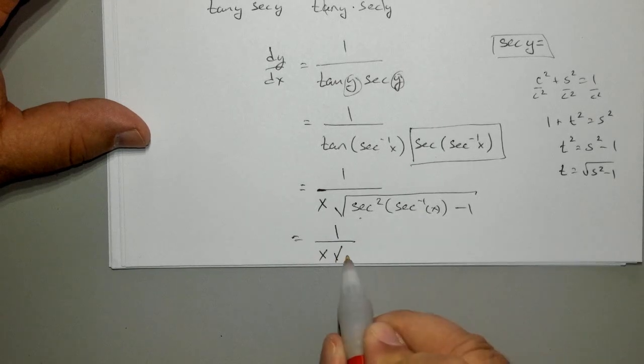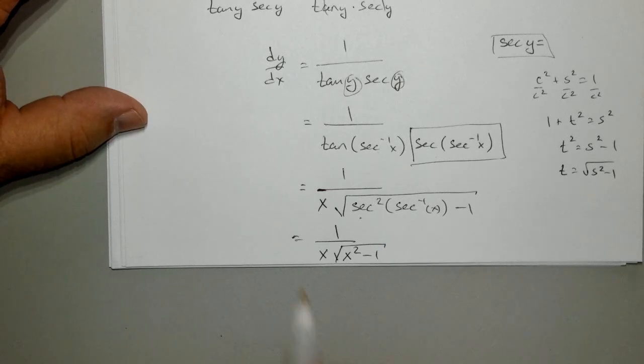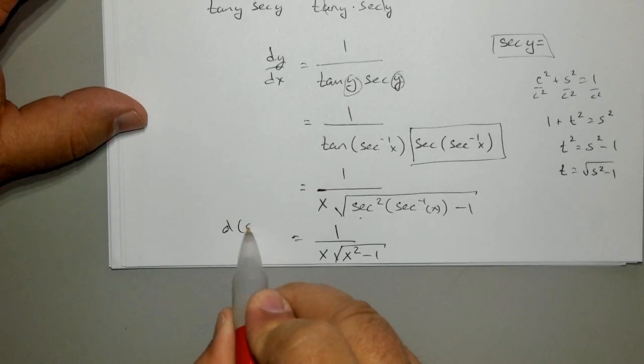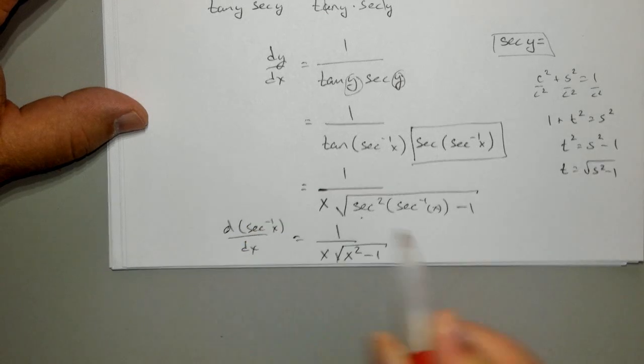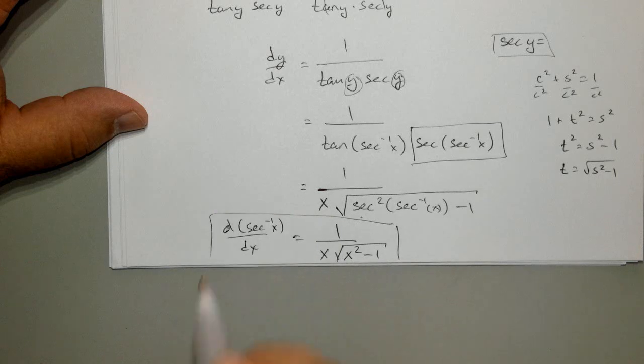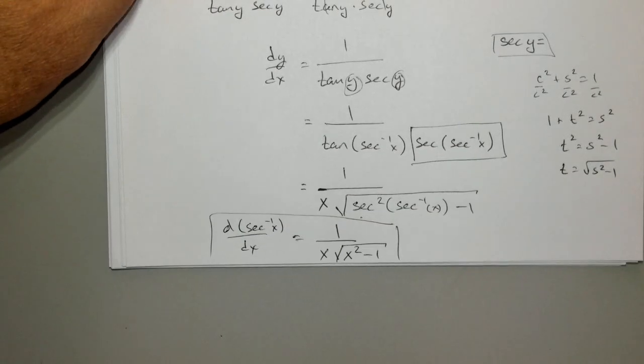Secant squared of the inverse is x squared minus 1. And there's the derivative of the inverse secant function.